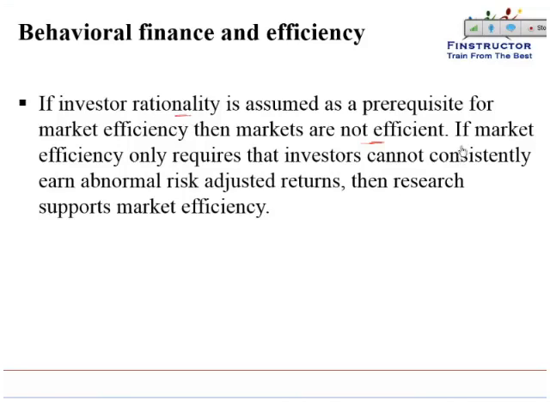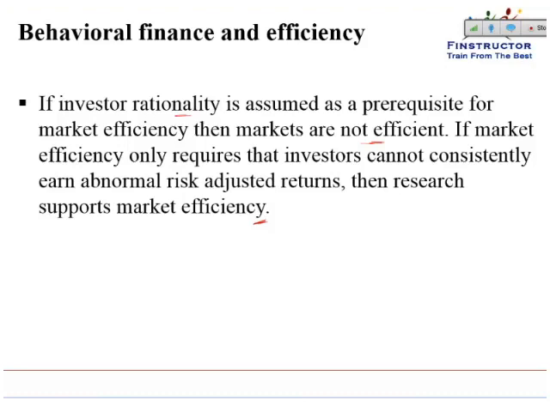However, if market efficiency only requires, as we discussed earlier, that investors cannot consistently earn abnormal returns, then research supports market efficiency. That is, despite all these biases and behavioral finance concerns, on the whole, we have seen that investors are not able to generate abnormal risk-adjusted return on a consistent basis.